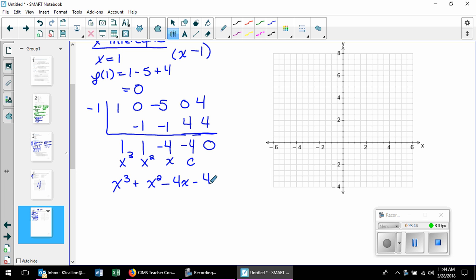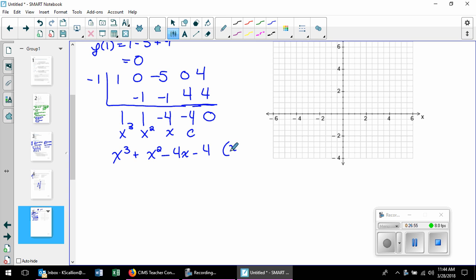Negative 1. So negative 1, positive 1, positive 4, negative 4. So we know that x minus 1 is another factor. So we have 2 of them. So what's that going to result in?